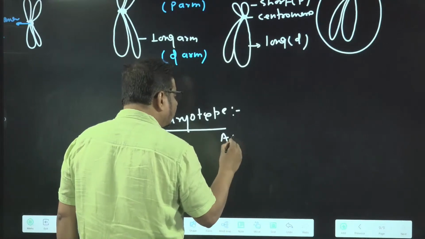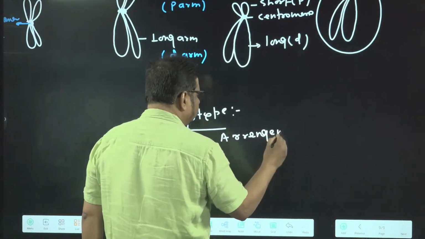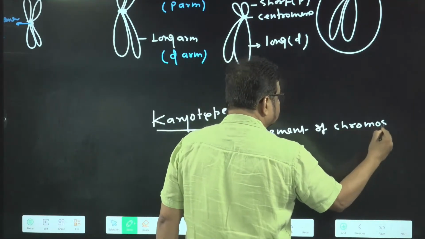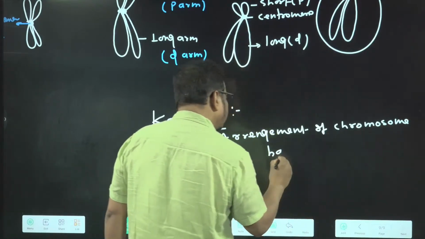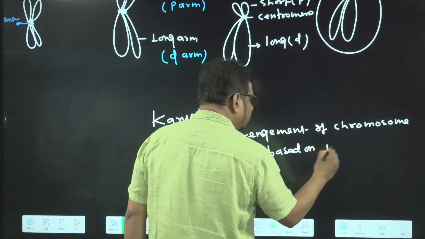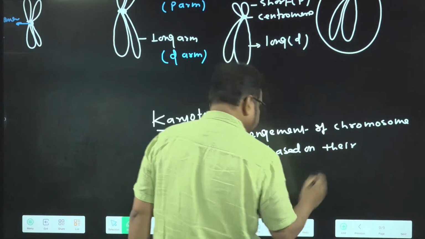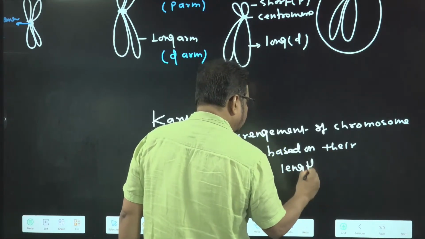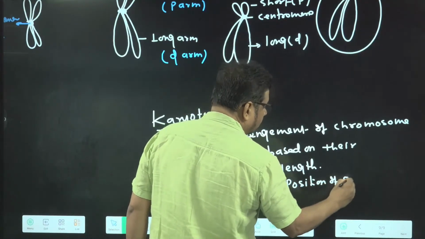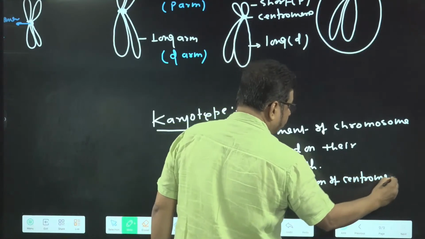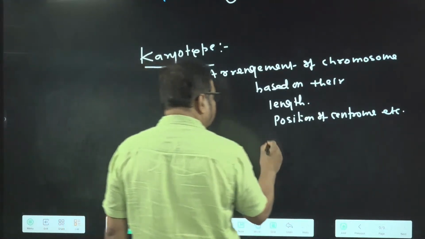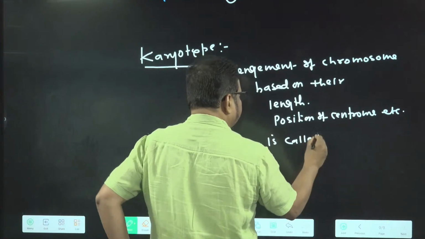It is the arrangement of chromosomes based on their length, position of centromere, etc. Because I have not told banding, I am not writing it. This is called karyotyping.